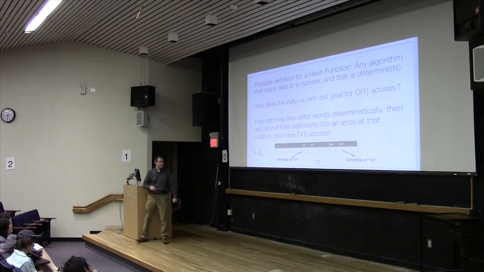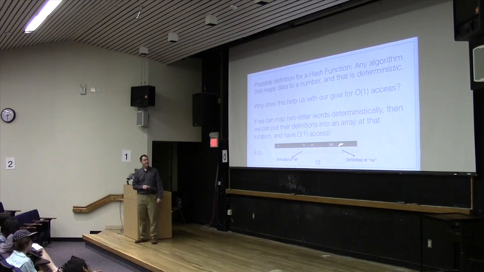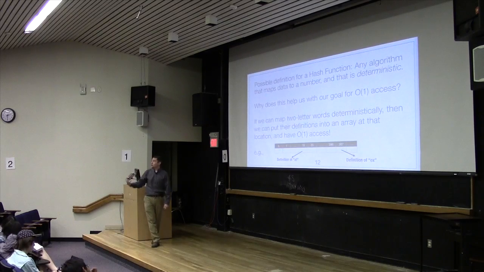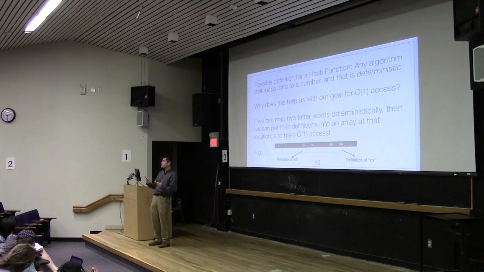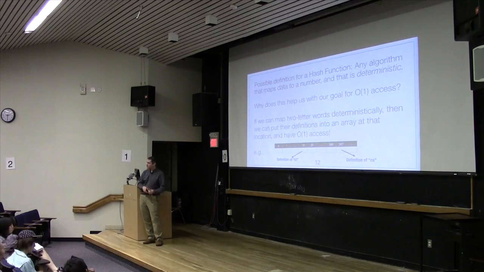I think I had it on the previous page, right? Then we put the definition in that location. The next time we want to look up the word ox, apply the hash function. It comes out 387. We go to 387. As long as it's not empty, we pick that answer out, and that is the definition of ox.